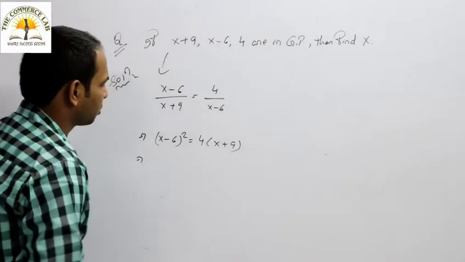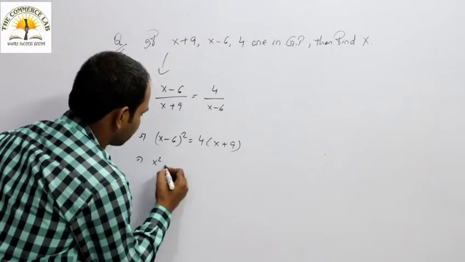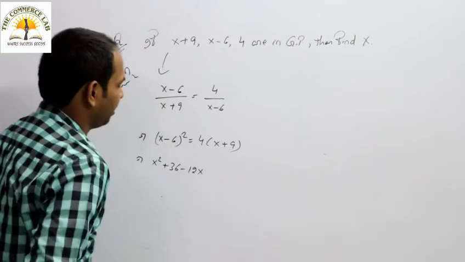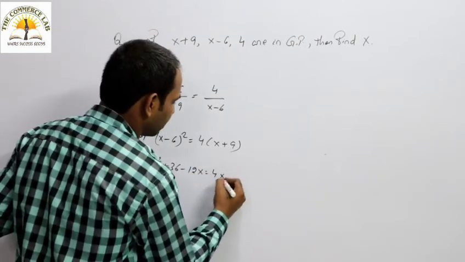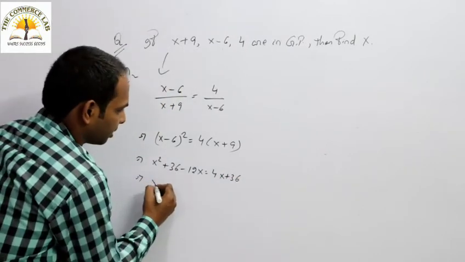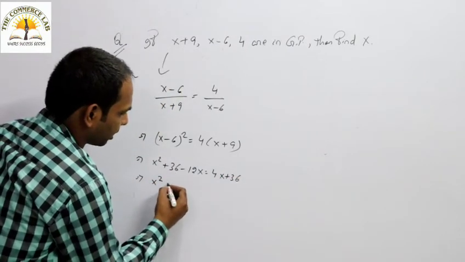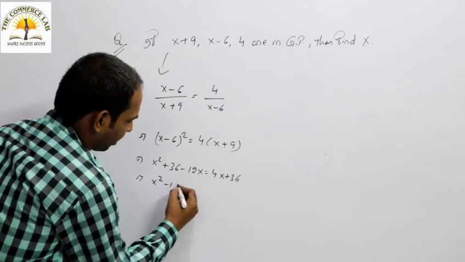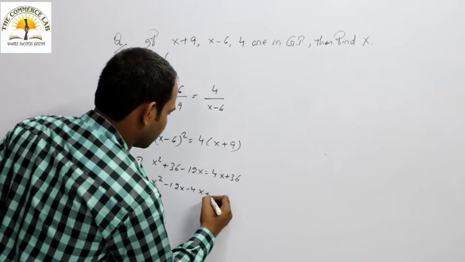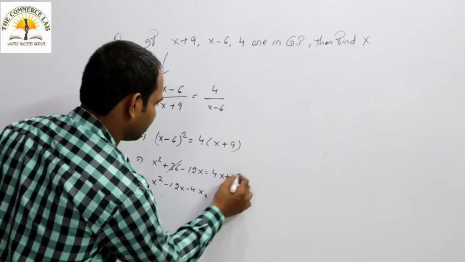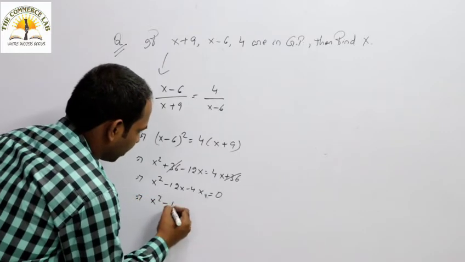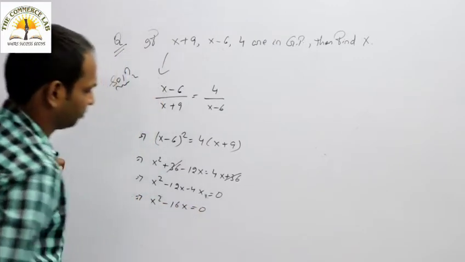Then a minus b whole square is a square plus b square minus 2ab, equal to 4x plus 36. This implies x square minus 12x minus 4x plus 36 cancelled is equal to 0. This implies x square minus 16x is equal to 0.